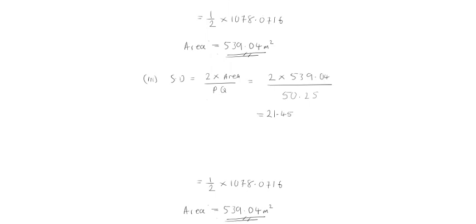Since 2 decimal places, we can just end it here. Shortest distance is 21.45 meters.